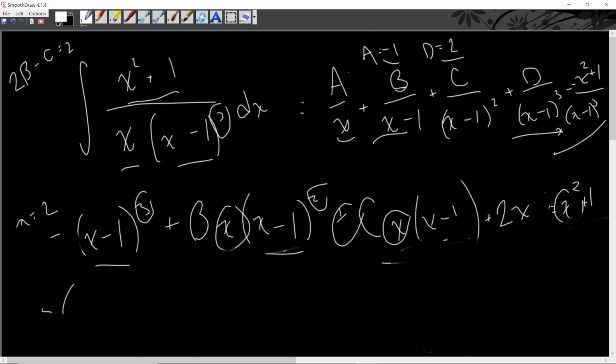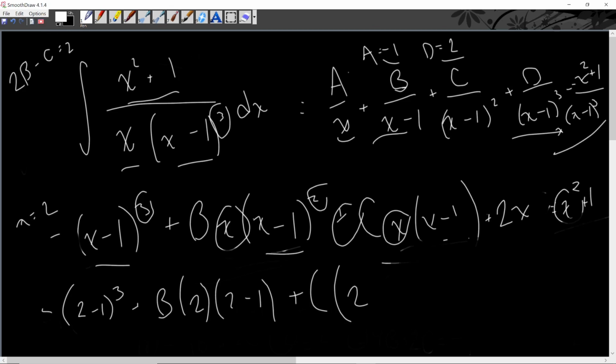So we have negative 2 minus 1, so cubed, plus b times 2 minus 1, plus c times 2 minus 1. Oh, this is 2 minus 1 squared. C times 2 minus 1 plus 2 times 2 is equal to 2 squared plus 1.